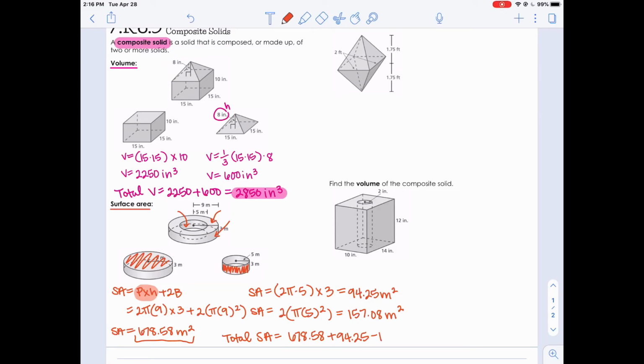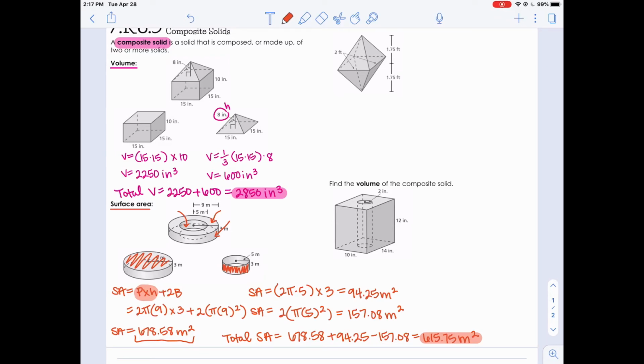So minus 157.08. All right, let's type that in and see what we get. Okay, for the total surface area, I got 615.75. Our units were meters squared. So that is going to be the surface area of my composite donut-like shape over here.